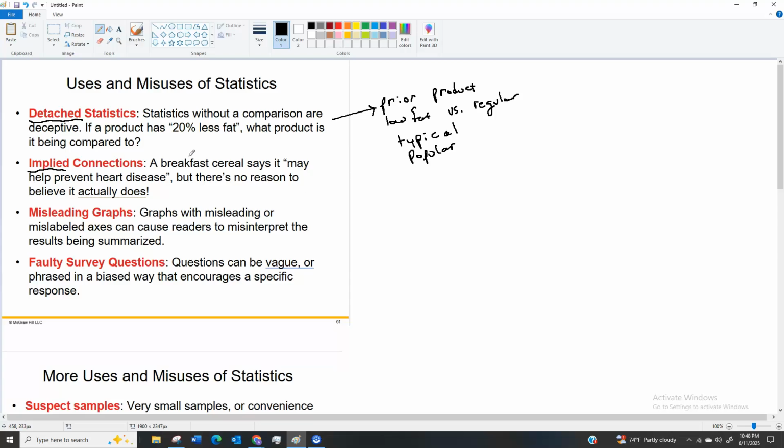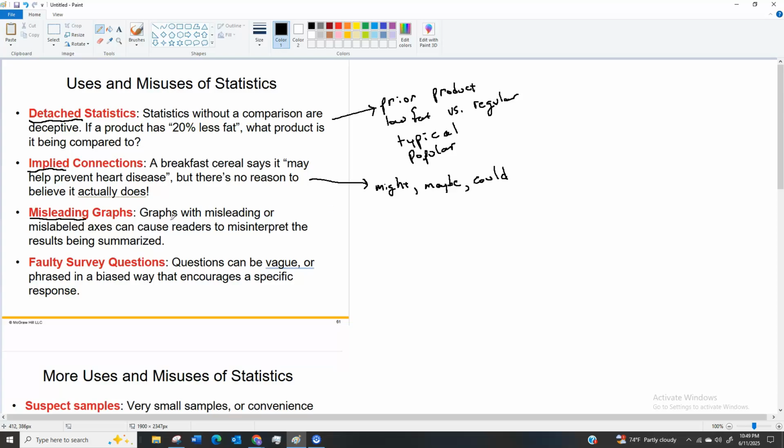A breakfast cereal might say it may help prevent heart disease, but they don't give any proof. There's no reason to believe it does. So you don't know if they're telling the truth. They're implying it. It might, maybe, could. Whenever you hear those terms, there is a good chance that they're using implied connections because they're not giving any supporting evidence for what they're saying.